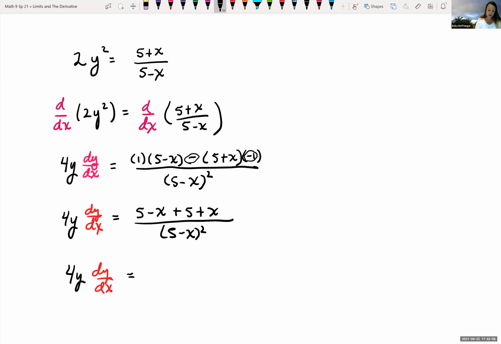So my x's in the numerator cancel, and I am left with 5 plus 5, which is 10, all over 5 minus x, quantity squared.